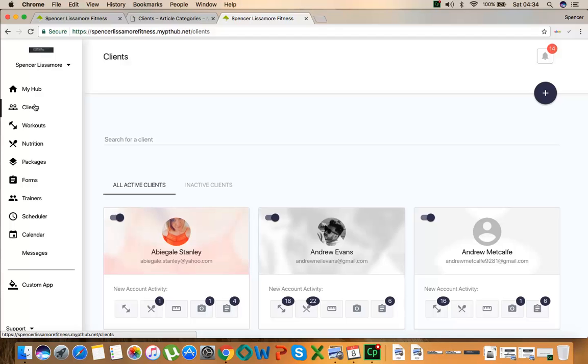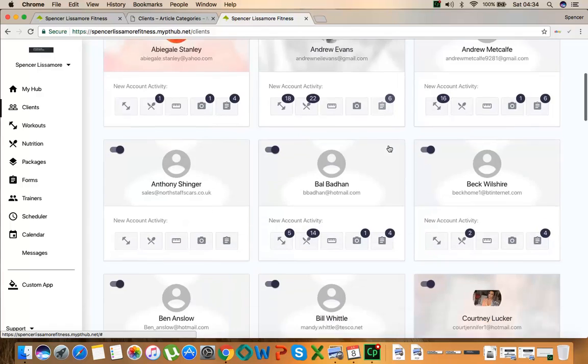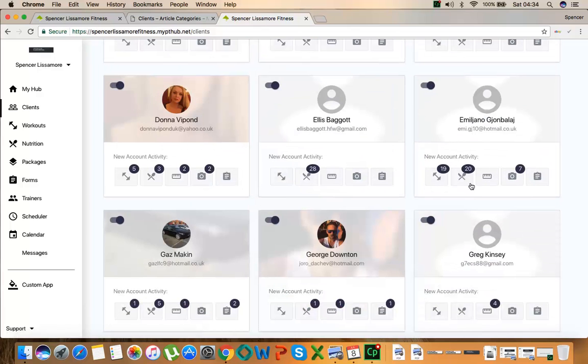Right, we're now going to go into the progress tracking aspect of the application and the software. As you can see, we have clients and we have notifications. The knife and fork being our nutrition updates, the weights being our workout updates, see what they've logged, progress photos, measurements, and forms.